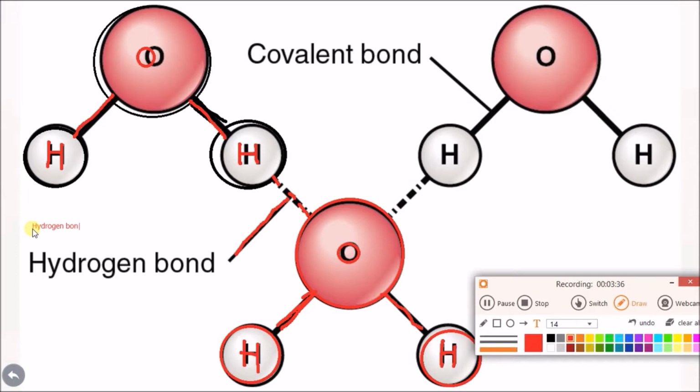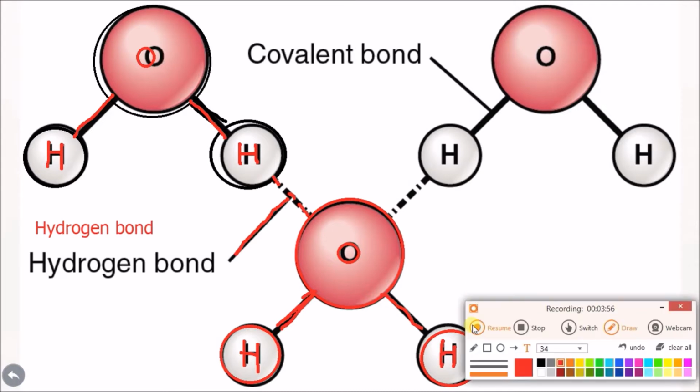Wow, that is super small. I'm going to make that bigger. So label that with the words hydrogen bond. All right, everybody get that written down. Pause until you've got that done.